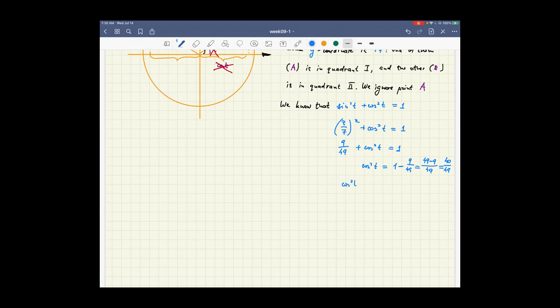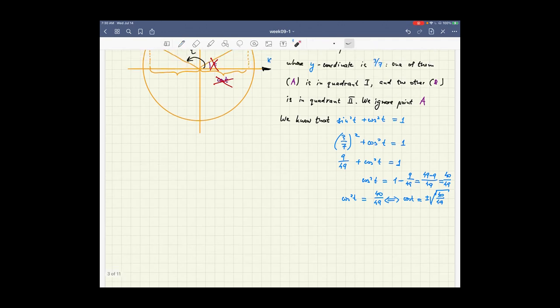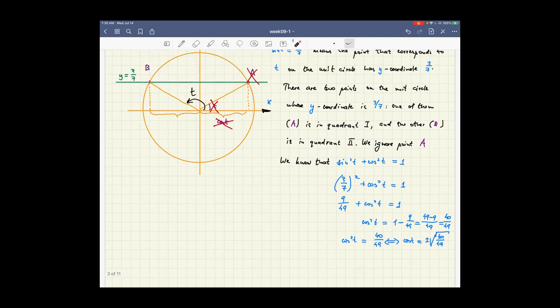Now, cosine squared t being 40 over 49 means that cosine t is either positive or negative square root of 40 over 49. And here our discussion above helps us choose the right sign. If we were to choose the positive sign here in front of the square root, we would have obtained point A, which we know we need to ignore.